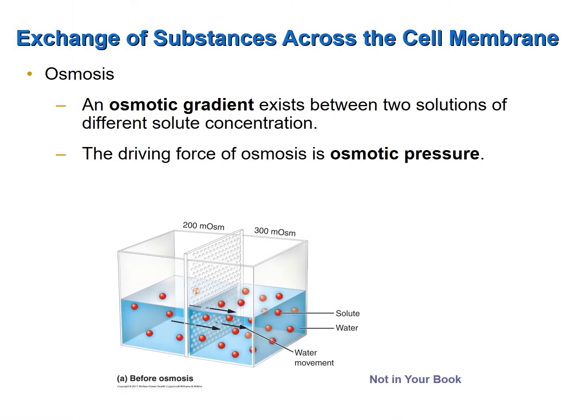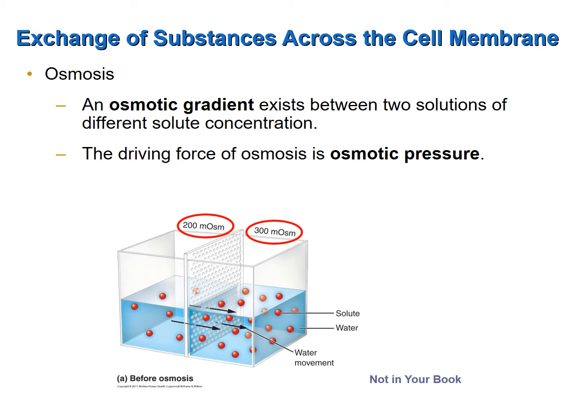Now that we have discussed hydrostatic pressure, let's discuss the second force involved in bulk flow, osmotic pressure. If you recall, osmosis is the movement of water between two solutions with different solute concentrations. The two solutions are separated by a semipermeable membrane that allows water to cross, but not the solute.